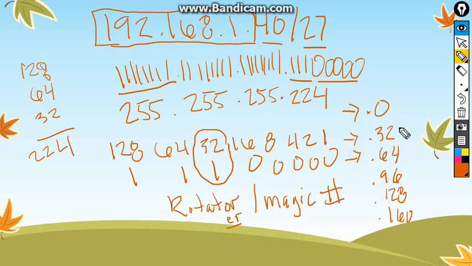Now, every subnet has a beginning and an end. So if 32 is the beginning of a new subnet, the end of the previous subnet should be 31. Same thing with 63, 95, 127, and 159, and so on and so forth.